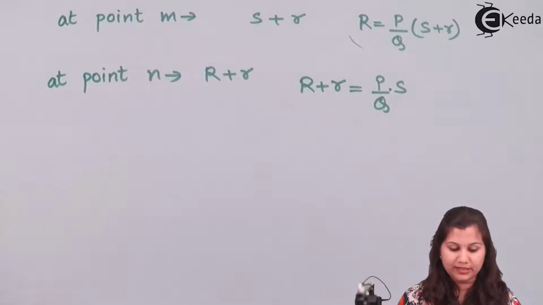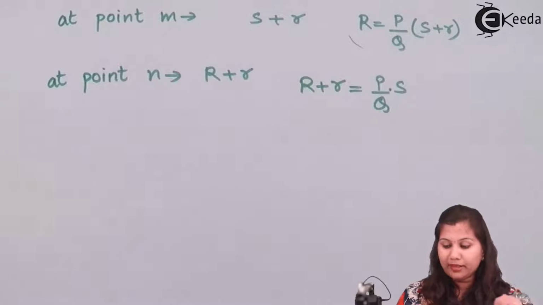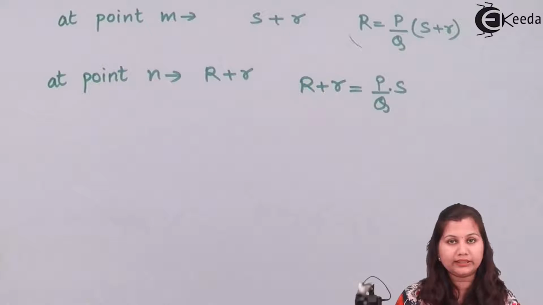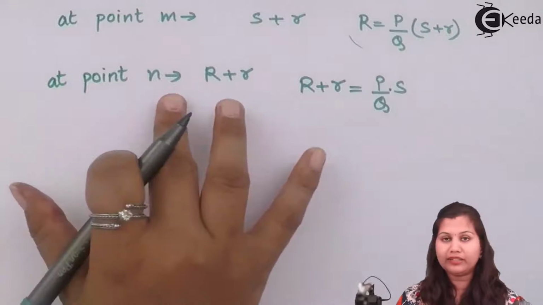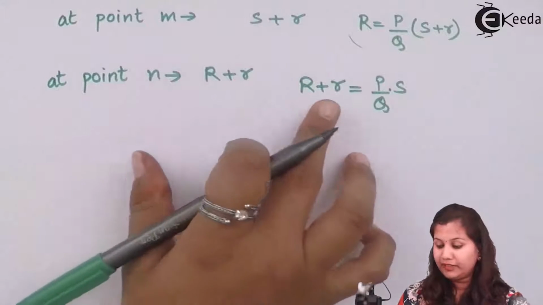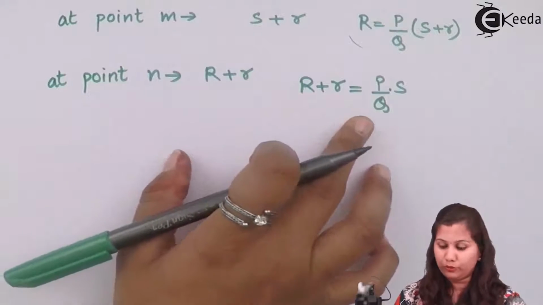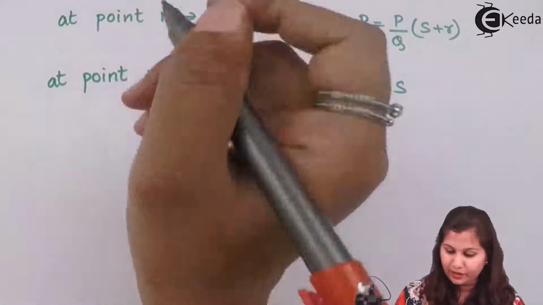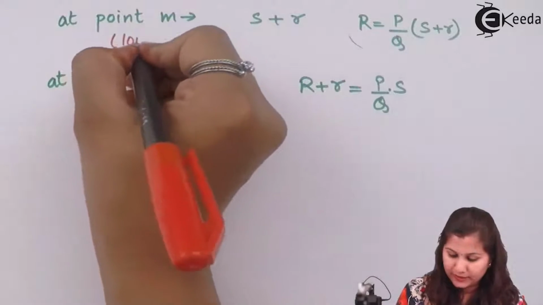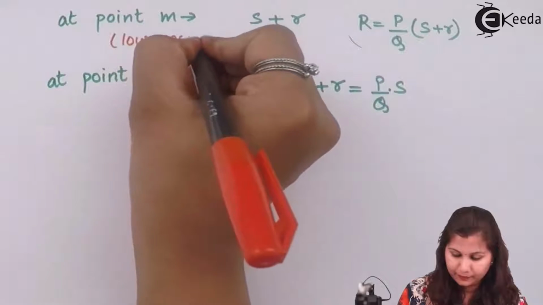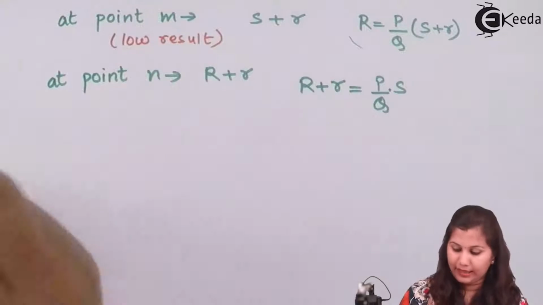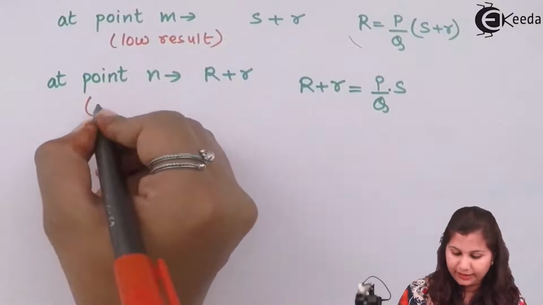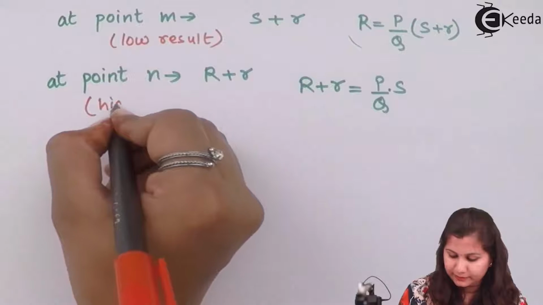At point M, the value will be lower than the actual value, and at point N, the value will be greater than the actual value. So at point M we get a low result, and at point N we get a high result.